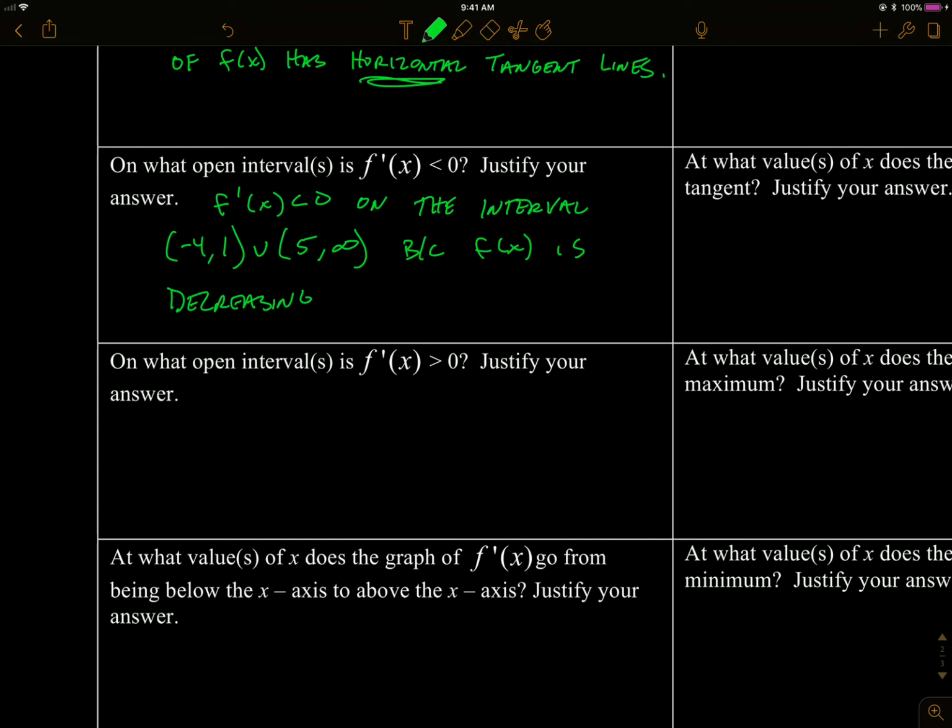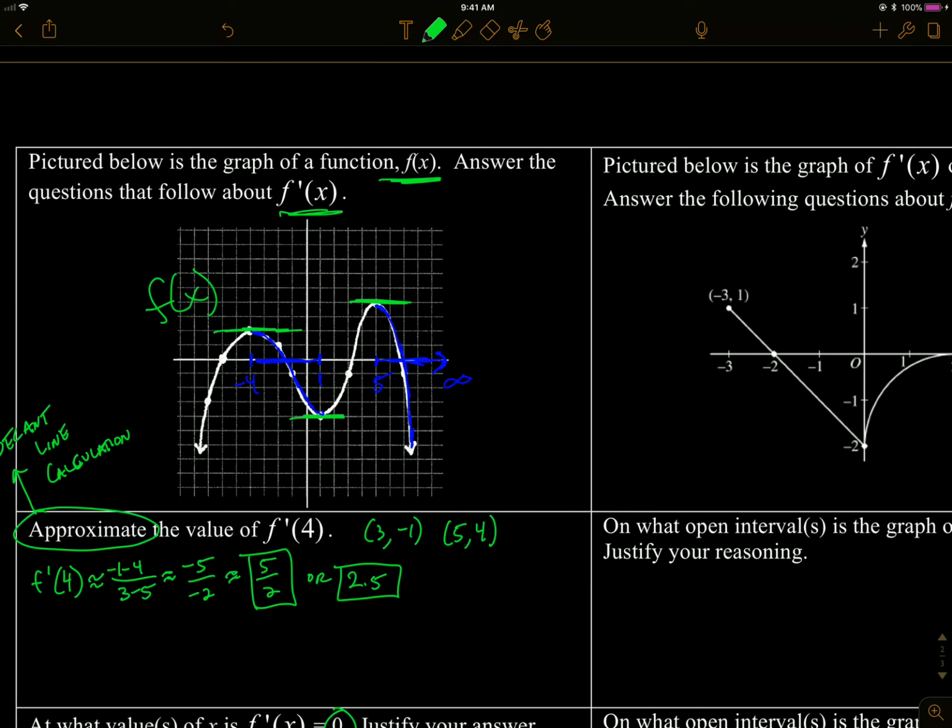On what intervals is the derivative positive? Oh, and by the way, I restated, I answered, and then I gave my reasoning. So vice versa is going to be true for positive. I'll trace them in green. The function's increasing from negative infinity up until negative 4, and then it's increasing again from 1 until 5.